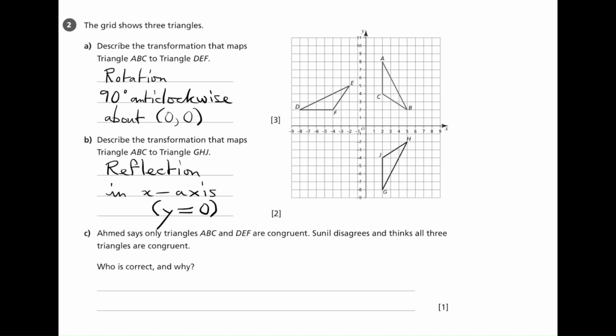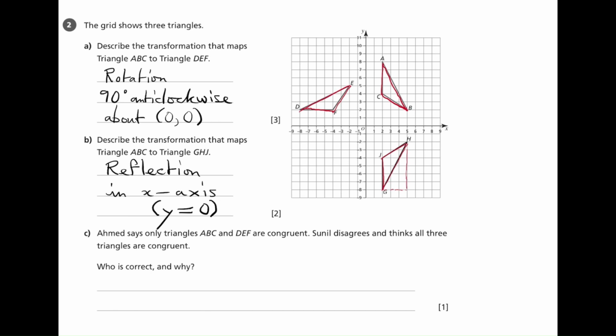So if you look at all 3 triangles, you can actually see that each of them has one side that is 4 units, and then if you look at the shorter of the remaining sides, you can see quite easily that they are all of equal length. And then the third side you could measure, or you could count squares across and up for each one, and this will confirm that this side is also equal.